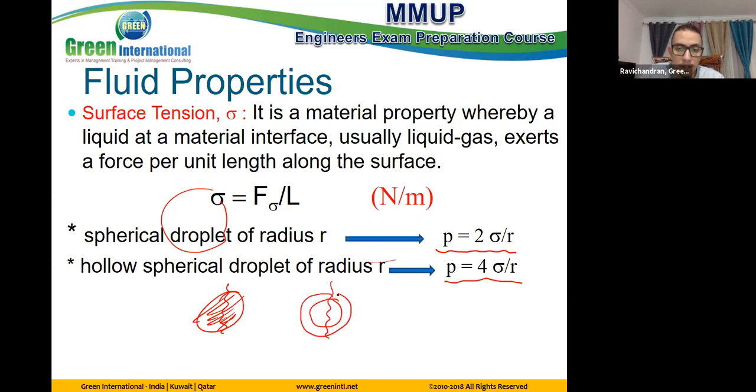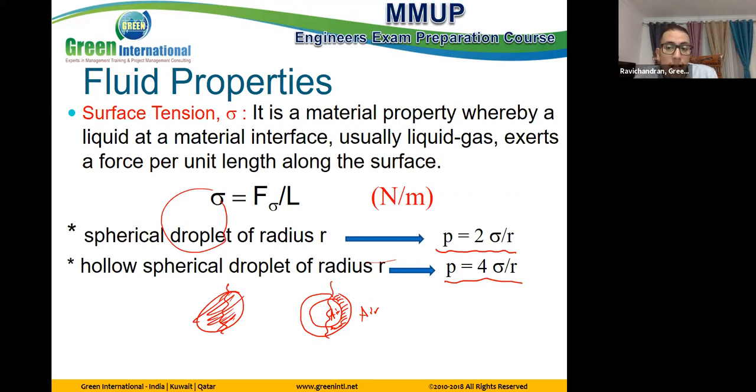If I cut this hollow one, it means there is air inside, not liquid, but the shell itself is liquid. The pressure inside comes from the balance between the internal pressure and the surface tension of the shape. So the pressure is sigma over r for the first one, but for the hollow spherical one it is double that of the droplet.